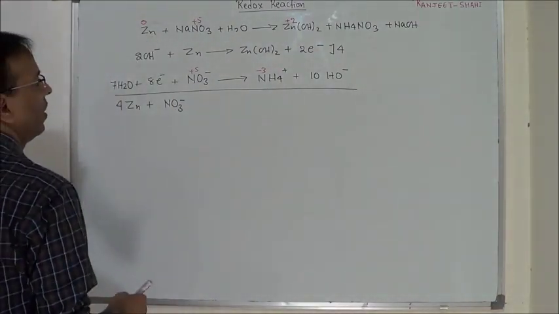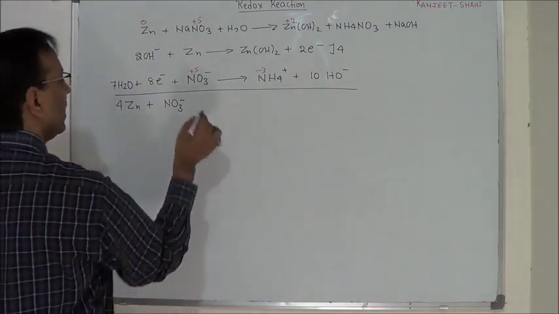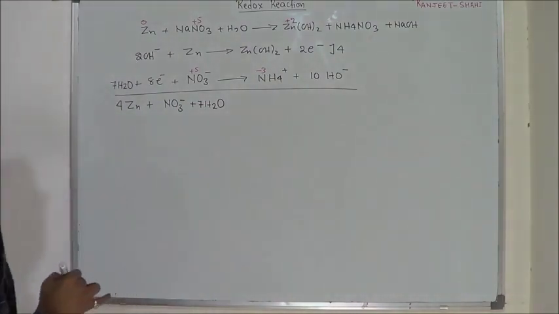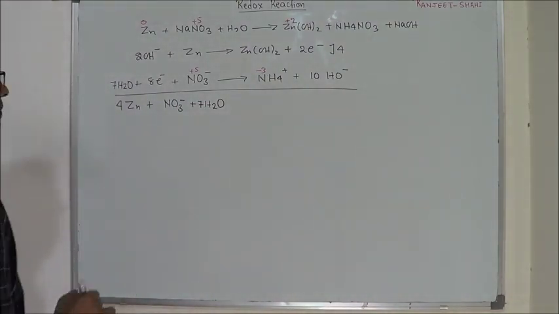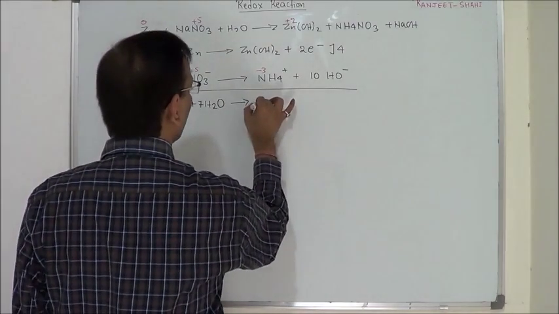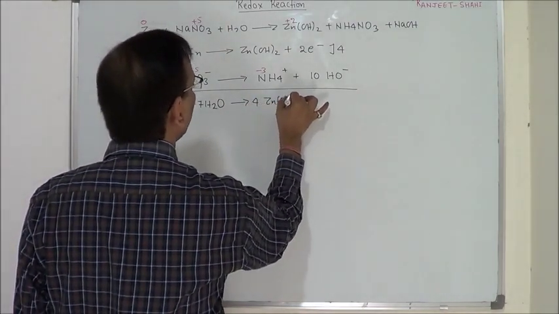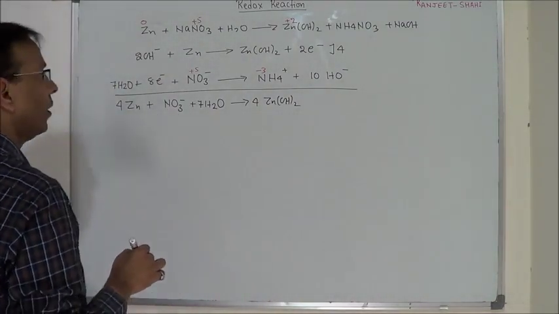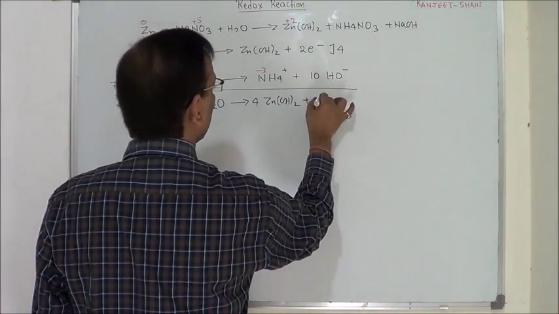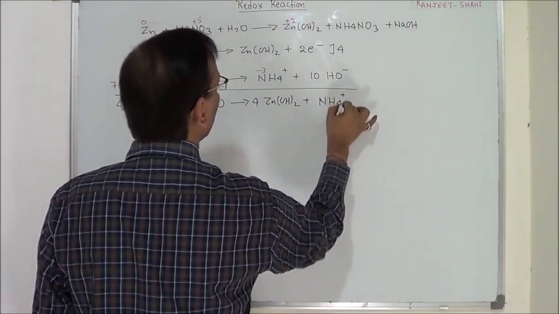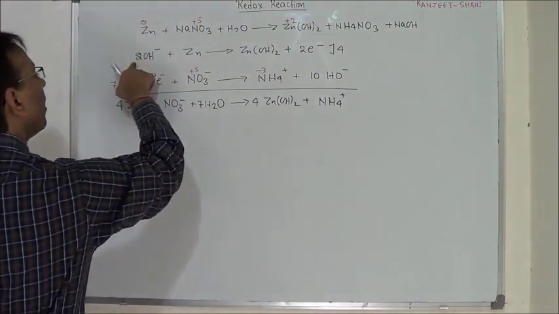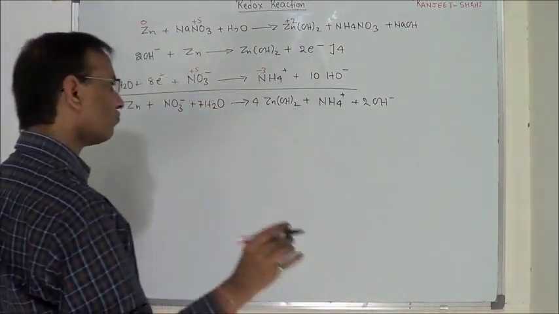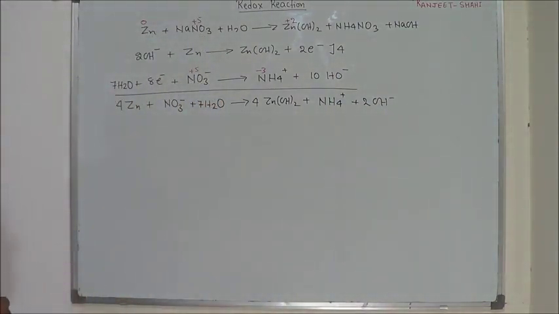What about water? 7 water on the left side, 7H2O, giving 4 Zn(OH)2 plus ammonium ion plus 4 into 2, 8 hydroxide, 10 hydroxide, so 2 hydroxide ion.